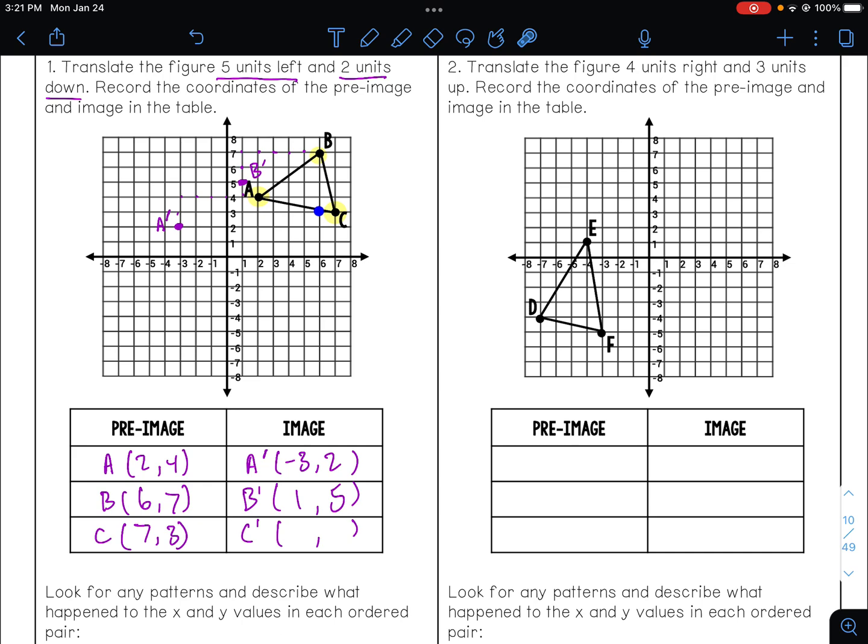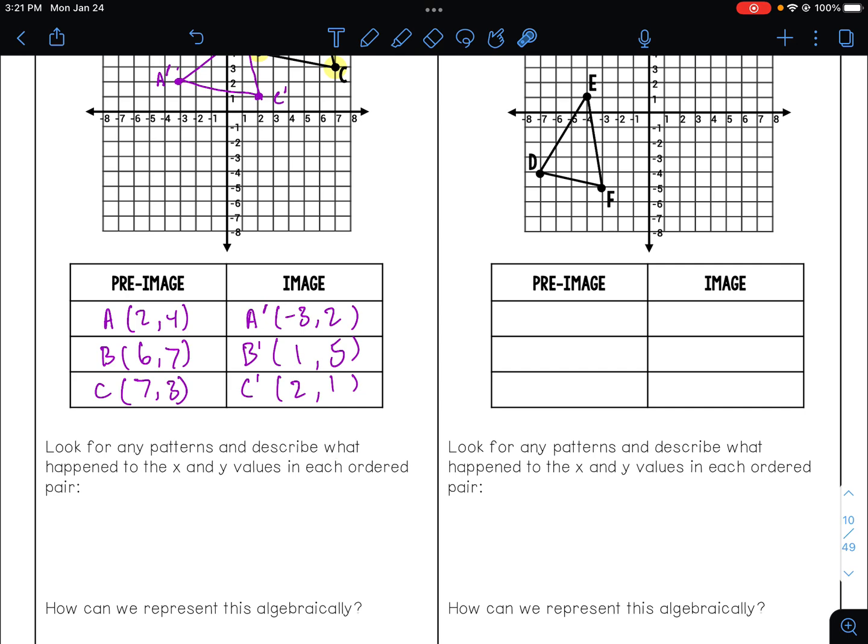C, 5 units to the left, 1, 2, 3, 4, 5. Down 2, 1, 2. That looks like it's located at 2, 1. And then label it C prime, and then let's connect our dots. Right there. So it's a triangle, except we've translated every point 5 units to the left and 2 units down.